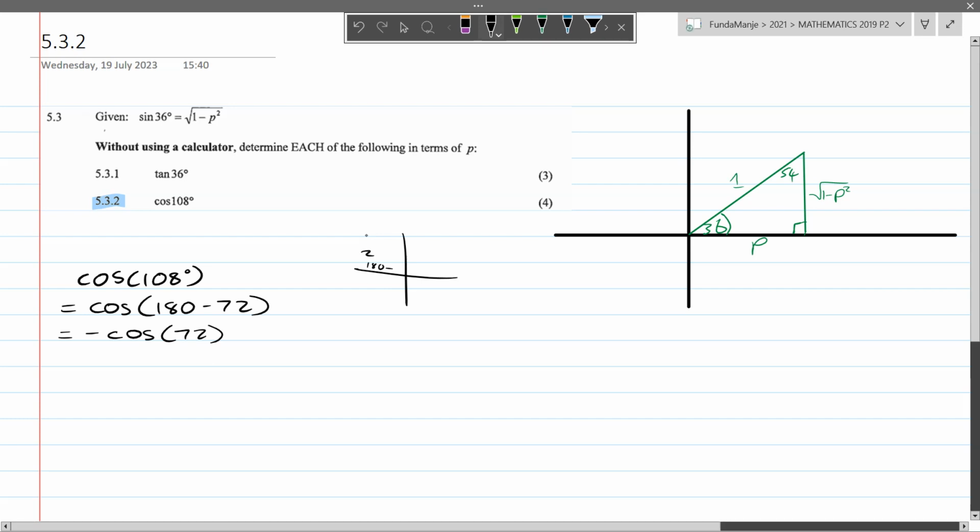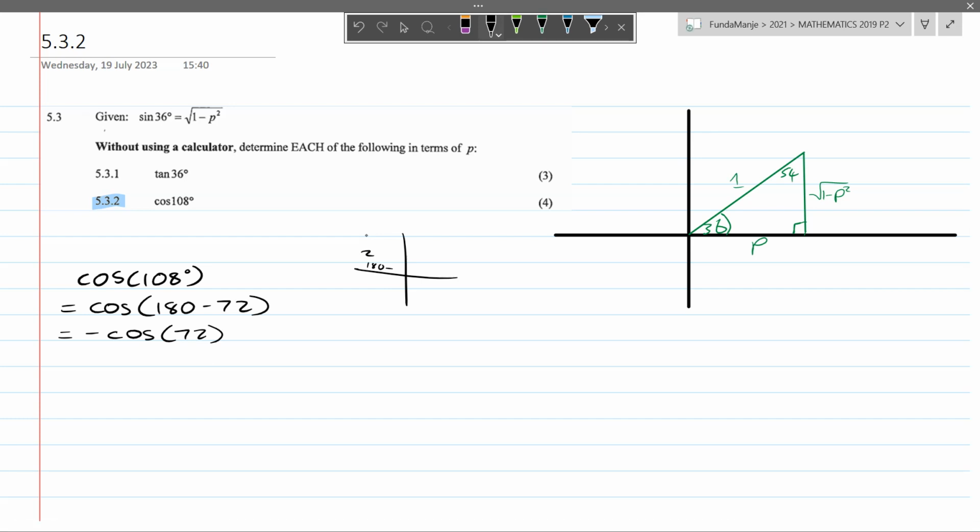And then 72 is not a value that we have over here, just like 108. But 36 times 2 gives us 72. So we can rewrite cos of 72 as cos of 2 times 36.